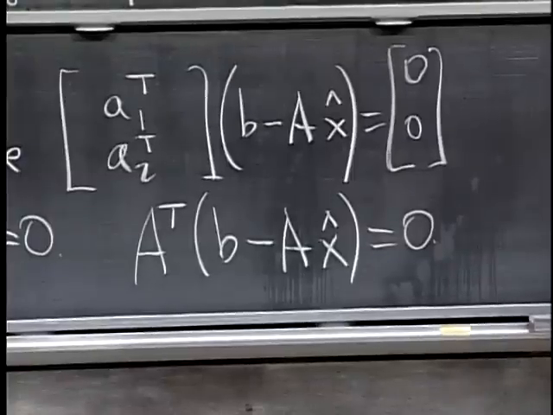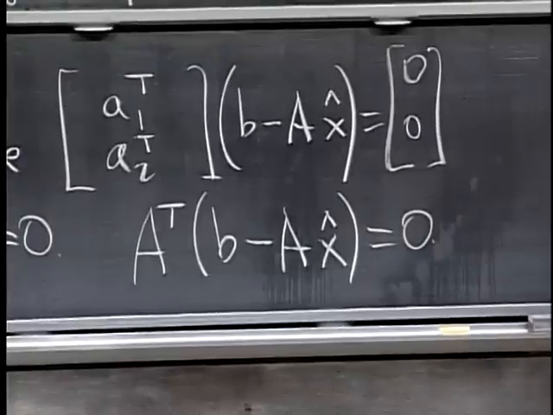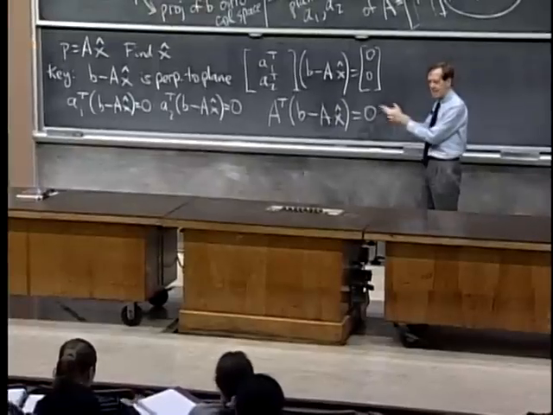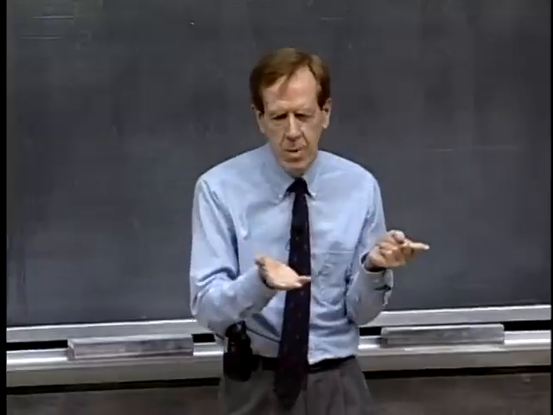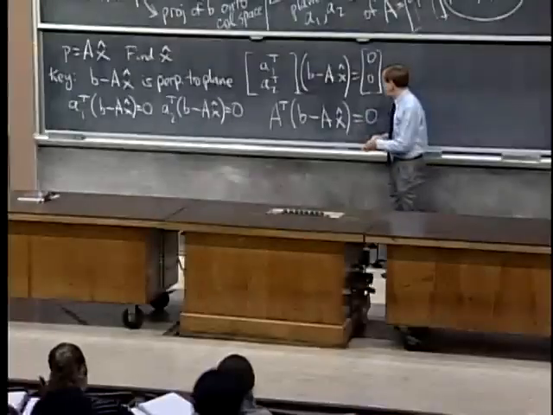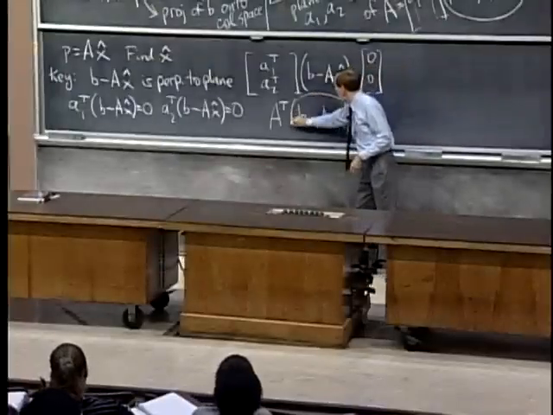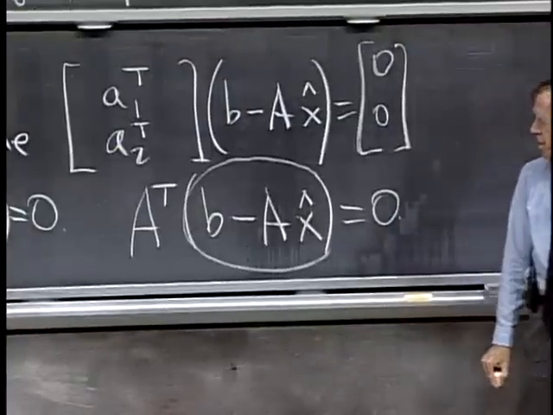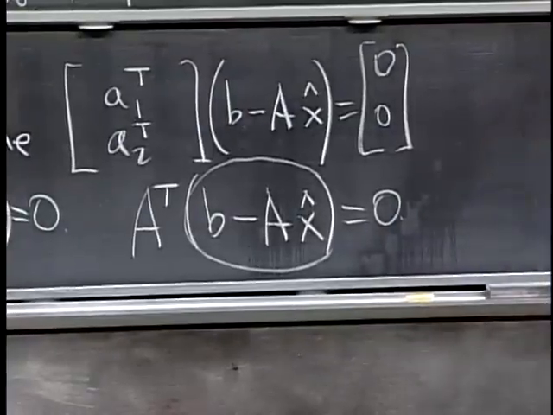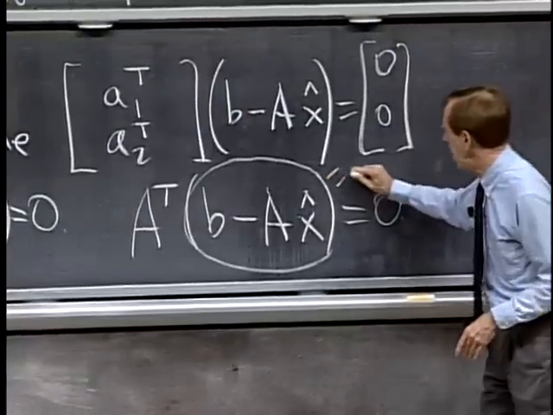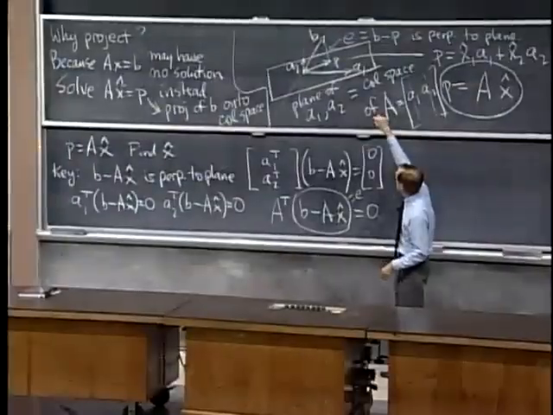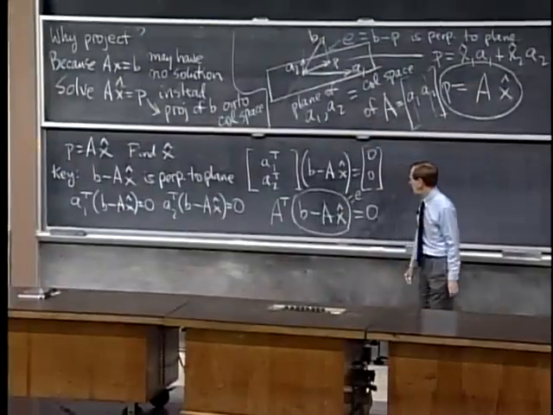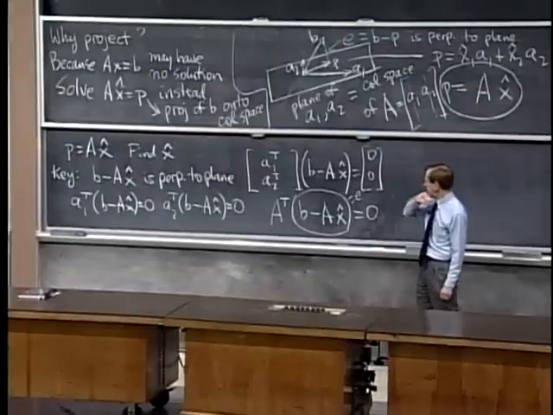Now, a second comment. Since I know about these 4 subspaces, I would like to get them into this picture. So let me ask the question: which of the 4 subspaces is that error vector E in? This is nothing but E, coming down perpendicular to the plane.